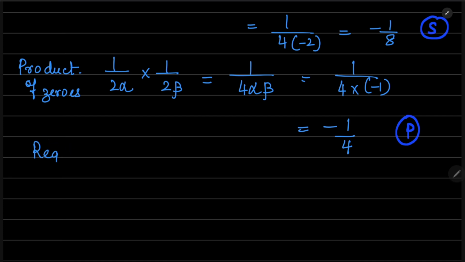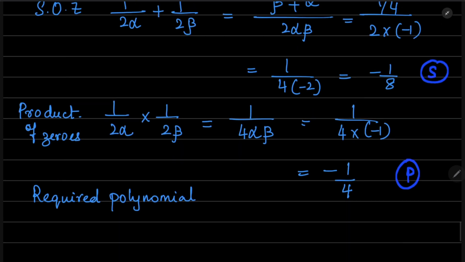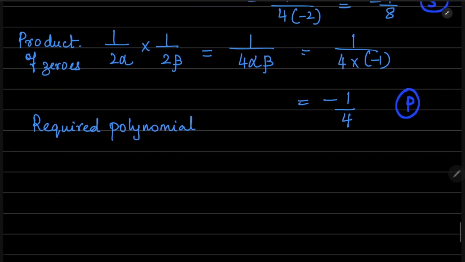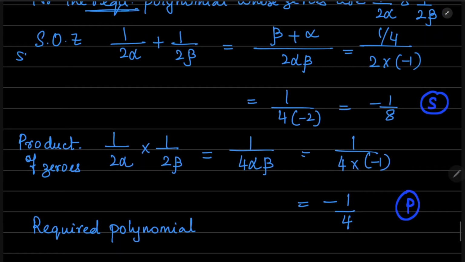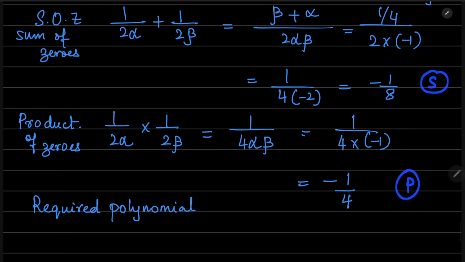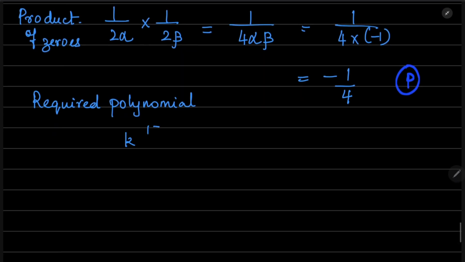The required quadratic polynomial formula, if you know the sum and the product of zeros, is k multiplied by x square minus sum of the zeros into x plus the product of the zeros.